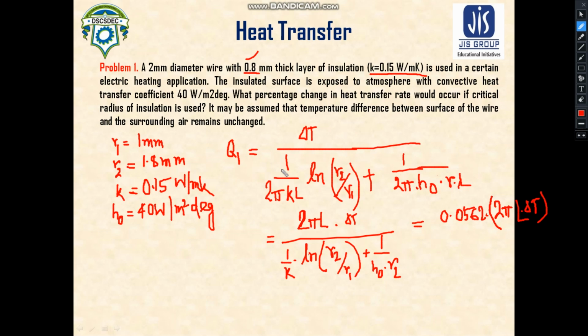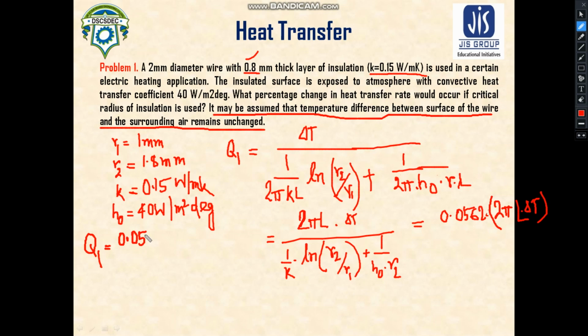It has also been mentioned here: it may be assumed that the temperature difference between the surface of the wire and the surrounding air remains unchanged. That means this delta T would remain the same in both the cases. Now let us keep this data here because it would be required in the later part.